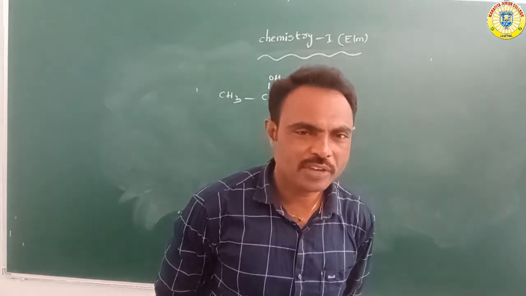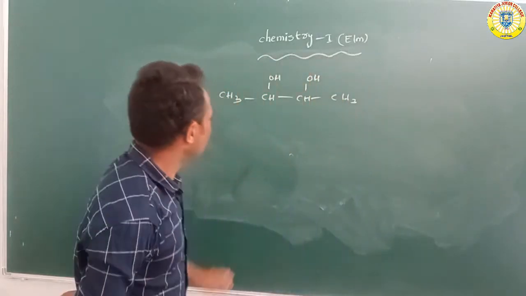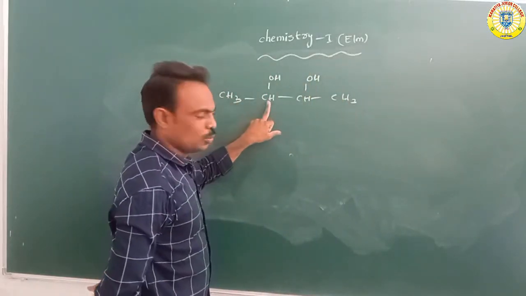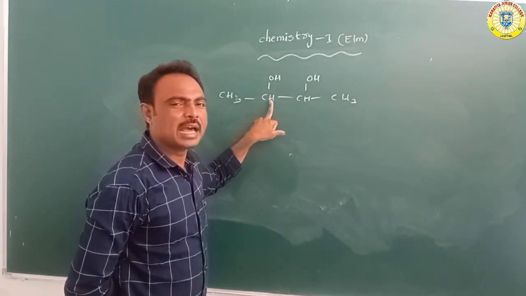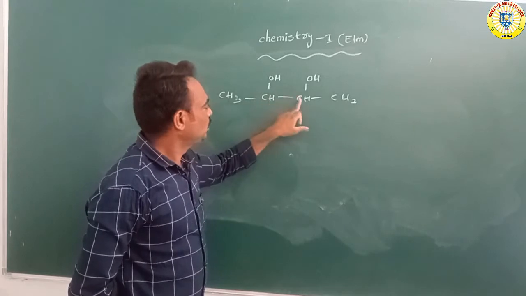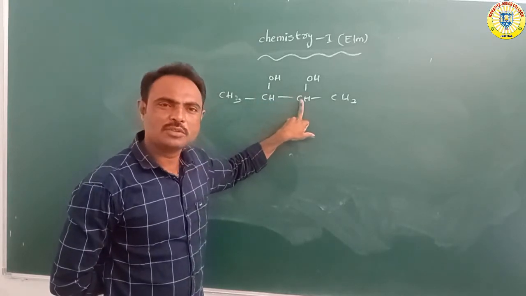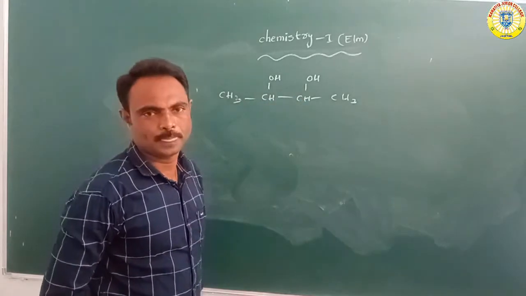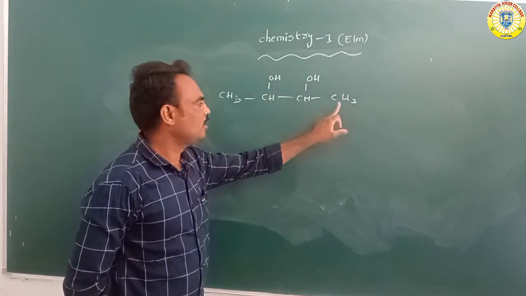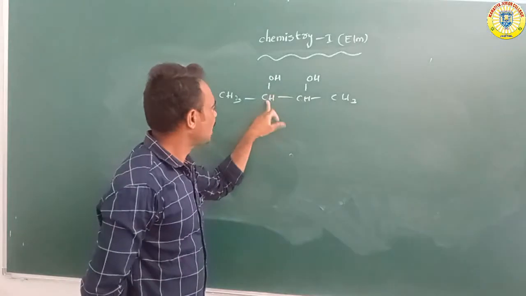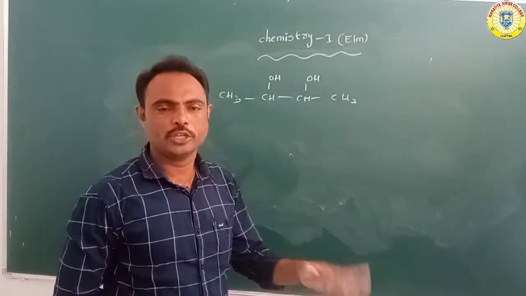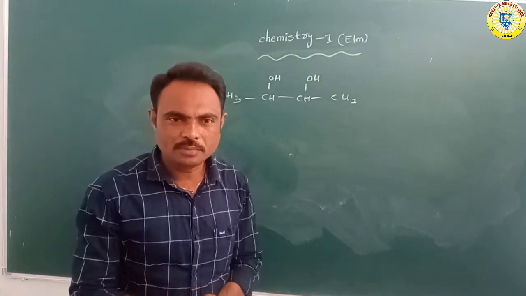That time we give the number from either side: from the left side the second carbon is attached with an OH group and the third carbon is also attached with an OH group, and the same from the right side.